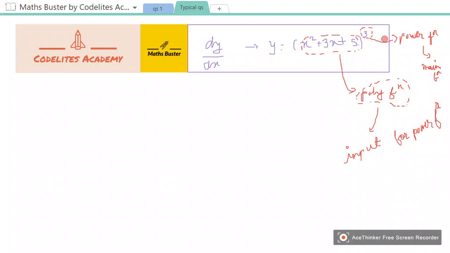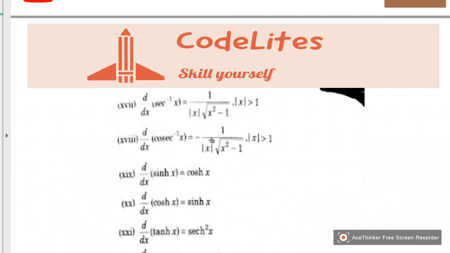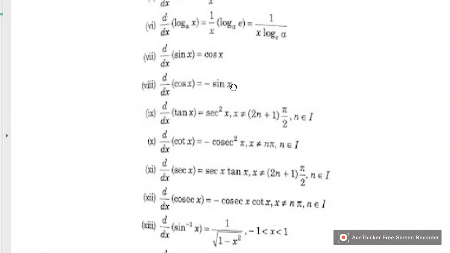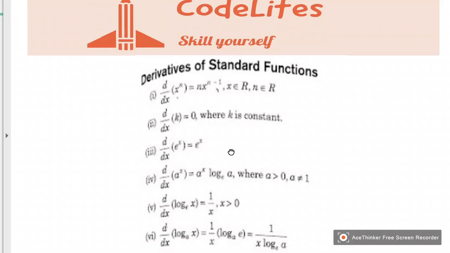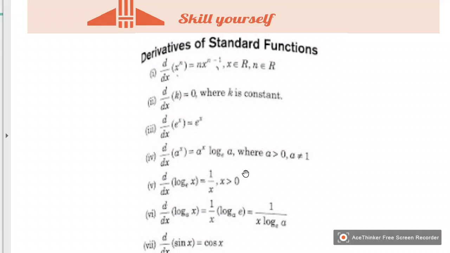Now, power function means which? From our standard derivative formulas. So these are our standard formulas of derivatives. You can refer to this formula sheet.